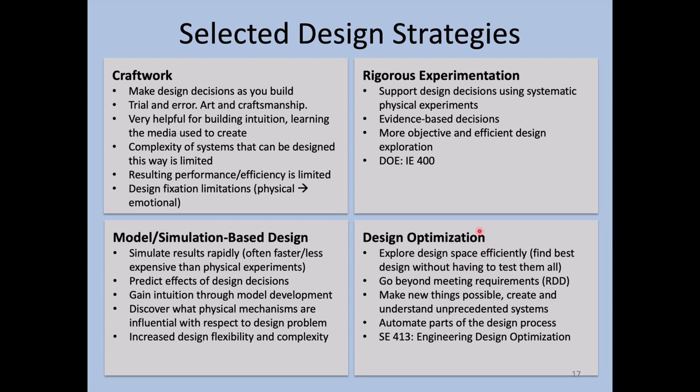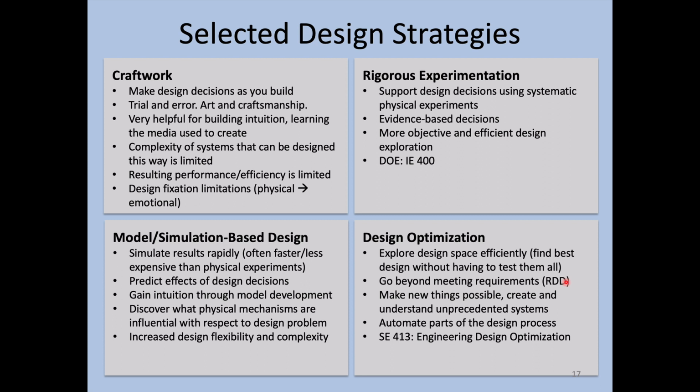If we are thinking about optimization, we're not just trying to meet requirements. We're trying to make something better. A very standard approach in systems engineering is requirements-driven design. That's what this acronym stands for, RDD.